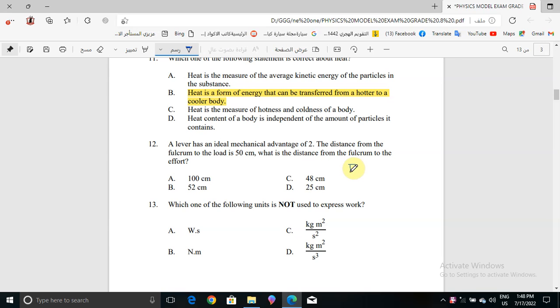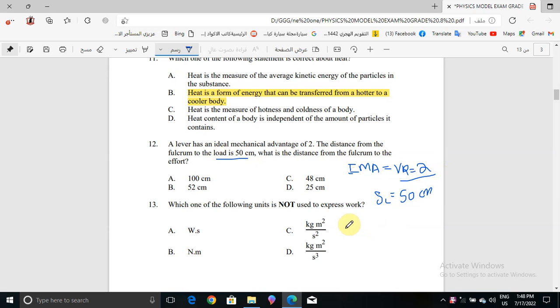Because ideal mechanical advantage is the same as velocity ratio, so the velocity ratio is equal to 2. And the distance of load, SL, is equal to 50 centimeter, right? So we need to find the distance of the effort.